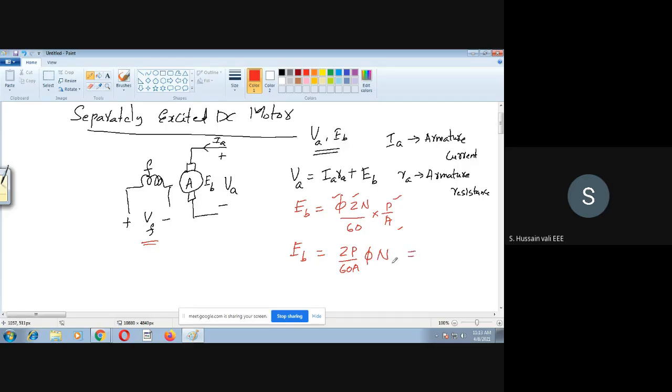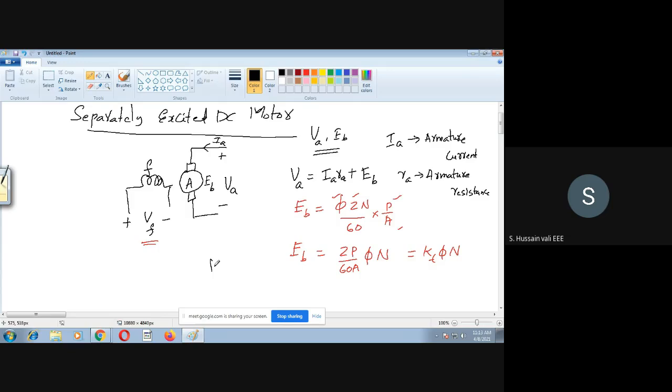Of course, in a separately excited DC motor phi is constant, but I would like to represent it in another way: EB equals Kt phi into N. What is Kt here from this equation?